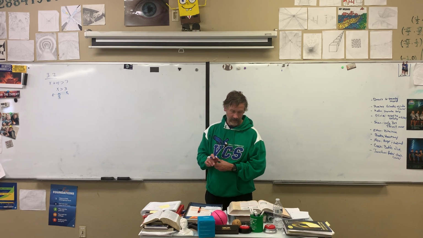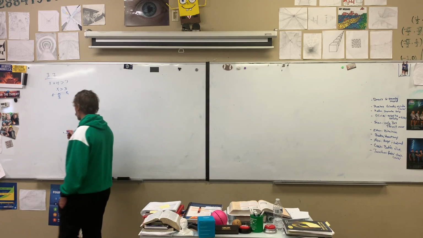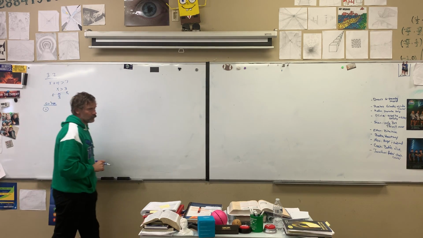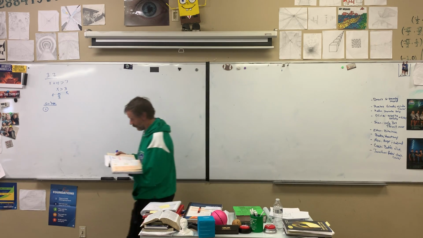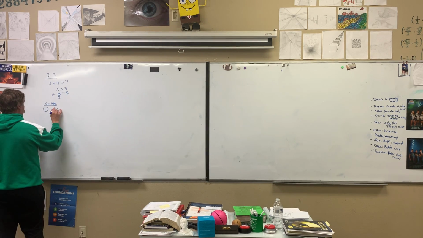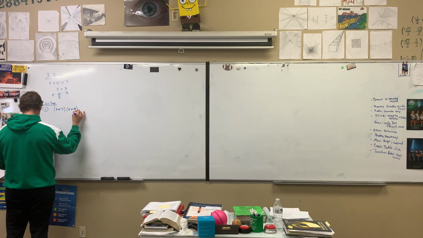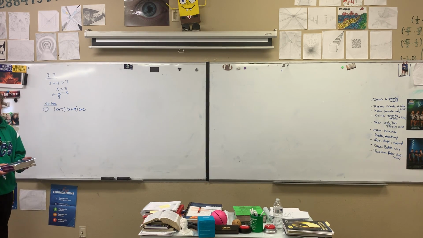So let's do number 1: solve x plus 7 times x plus 9 is greater than 0. This is polynomial because if you FOIL it together, you're going to have an x squared, a quadratic type equation.